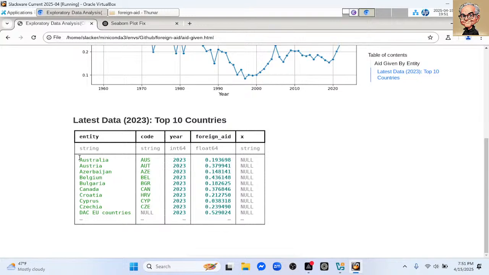And here's the next section. We want to take the countries with the top 10. The last year is 2023. So what we want to know is, in 2023, which 10 countries had the highest foreign aid as a percent of GNI?